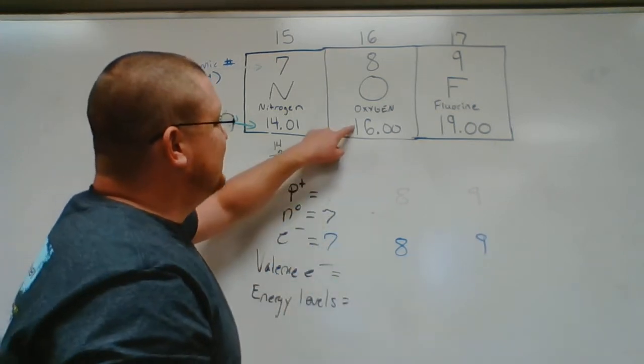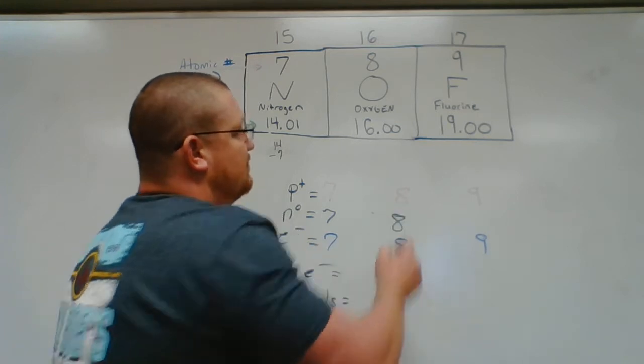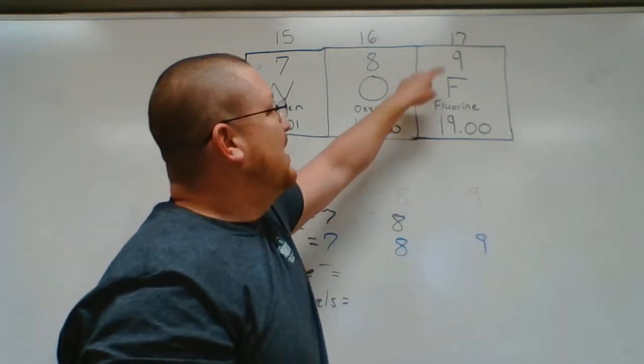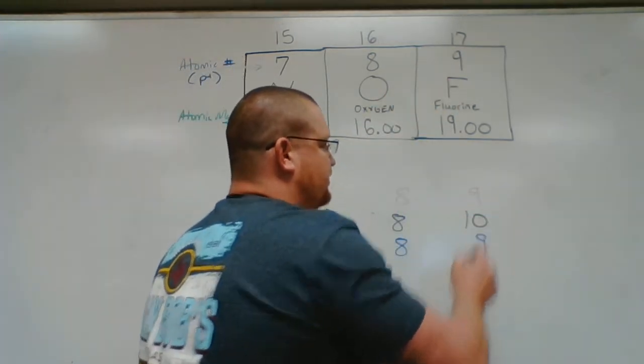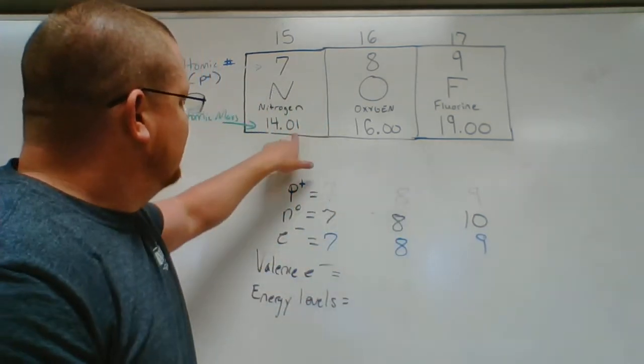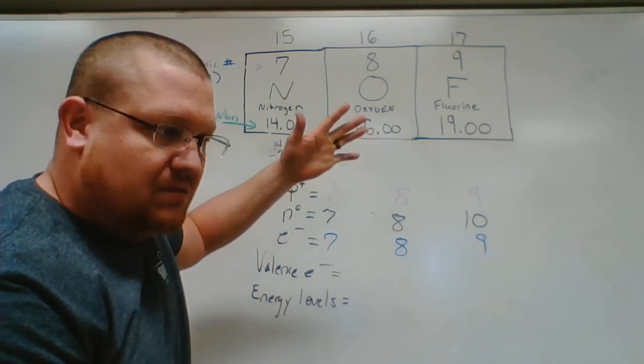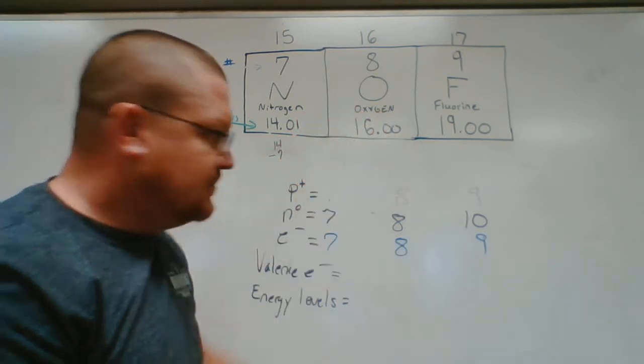For this one, we'll do 16 minus 8, which is 8. For this one, we'll do 19 minus 9, which is 10. Now, if there's an odd number like decimals, you're going to round, using the same rounding rules.